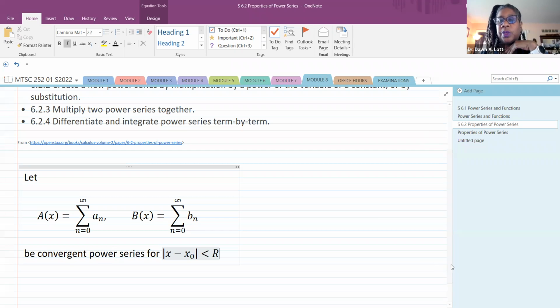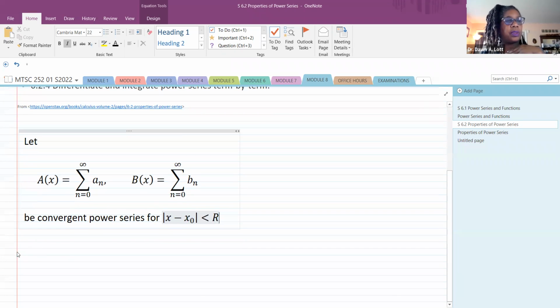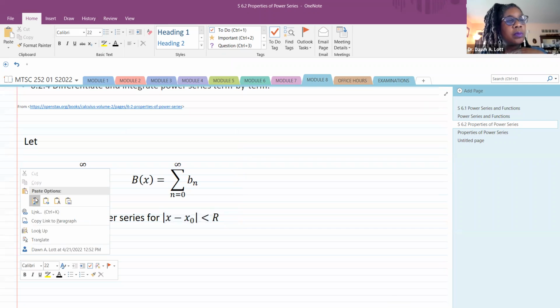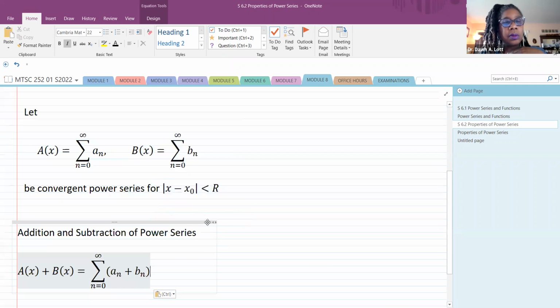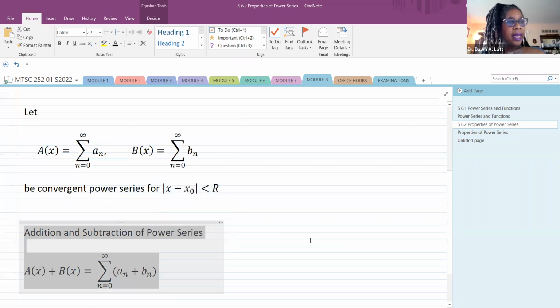All right, so for addition and subtraction of power series, we are literally just going to add them term by term. Okay, so here's an example.